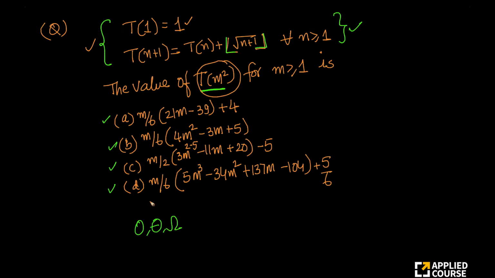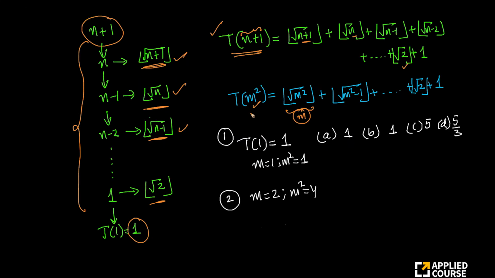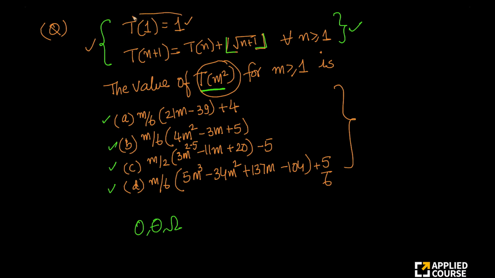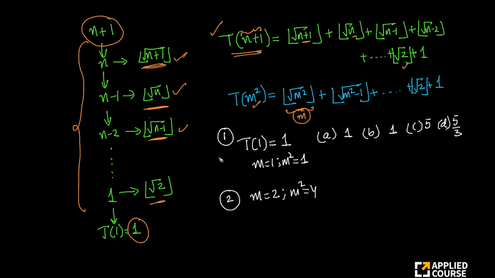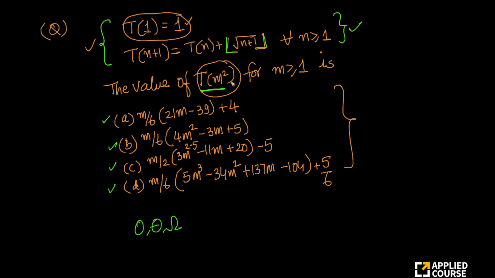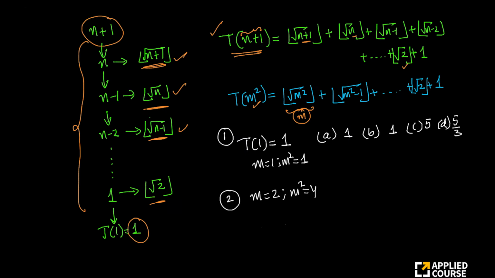Here we are given four options. The fastest and the easiest way to solve this is by elimination. Okay, let's just do this. We're already given that T(1) equals 1. Now, if m equals 1, m squared will be equal to 1, which means if I replace m with 1, let's look at what values I get for options A, B, C, D. A will return 1, B will return 1, C will return 5, D will return 5 by 3.